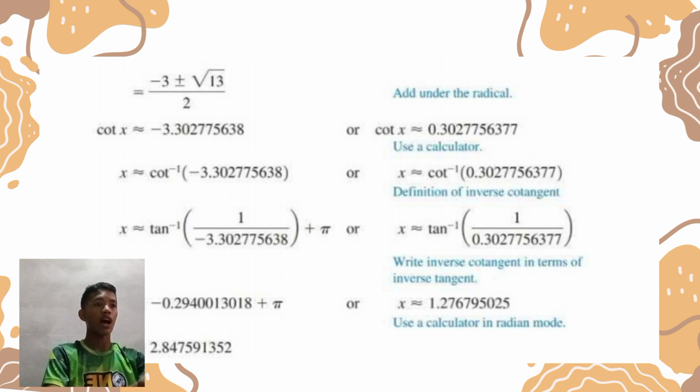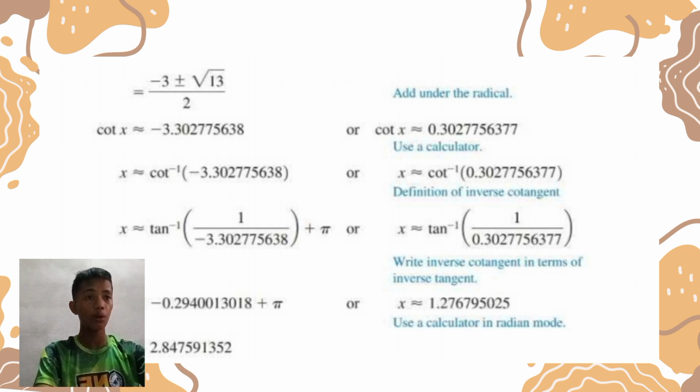So x is equal to cotangent raised to negative 1 of negative 3.302775638, or we have the other value for it. This is the definition of the inverse cotangent. Again, we have to write this down.